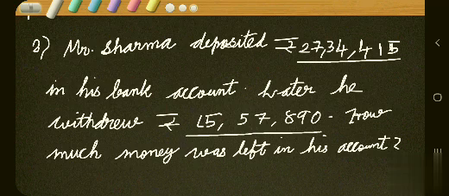That has to be found. How can we calculate? I have told you many times, if the words left, balance, remaining, etc. are in the question, we are supposed to subtract. So here we have to subtract this amount from this amount, isn't it? That is to be done.